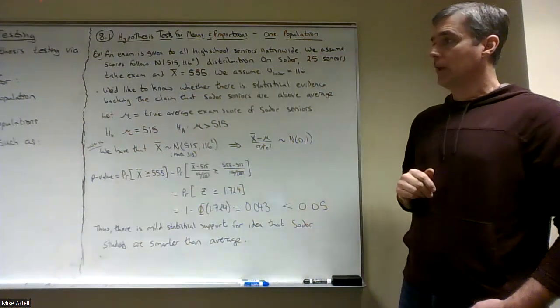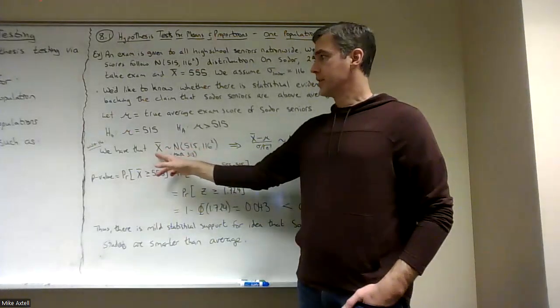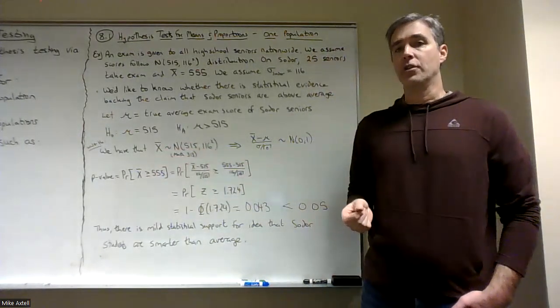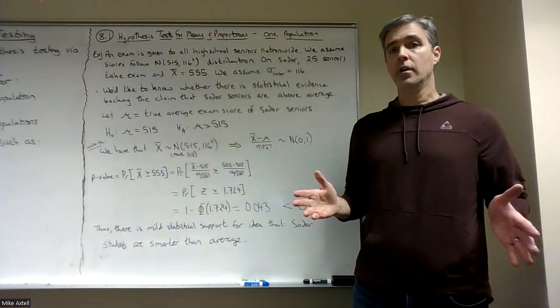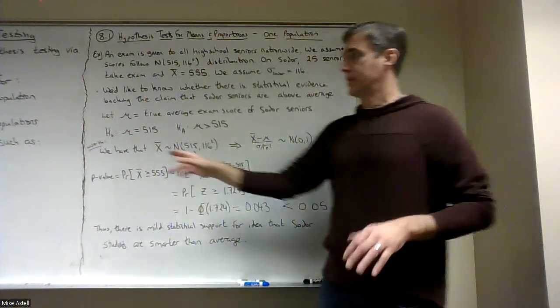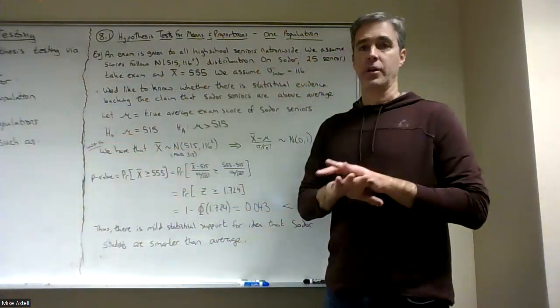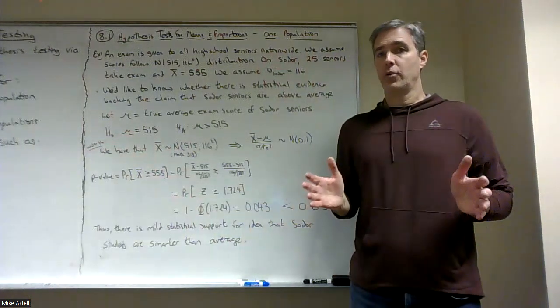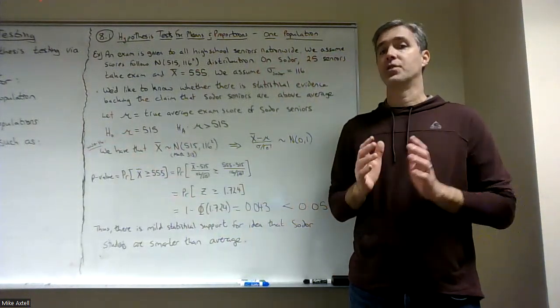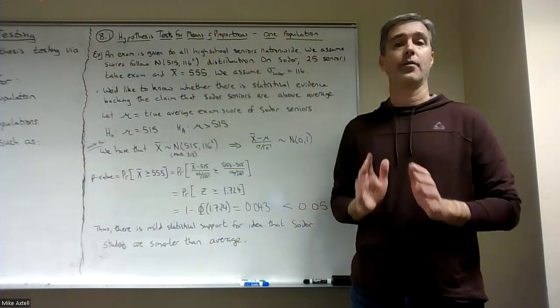Now, in general, if your data is from a normal distribution, a sample average will still be normal. This is a Math 313 thing.